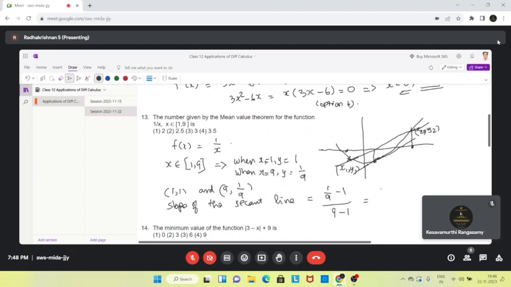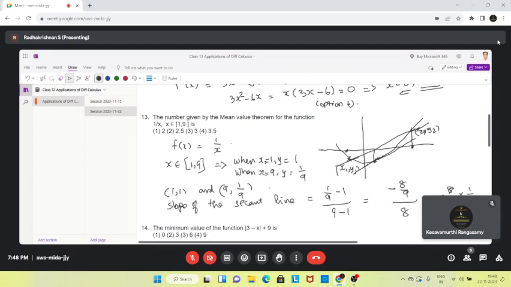Clear? So minus 8 by 9 into 1 by 8. Okay. So this is the slope of the secant line.